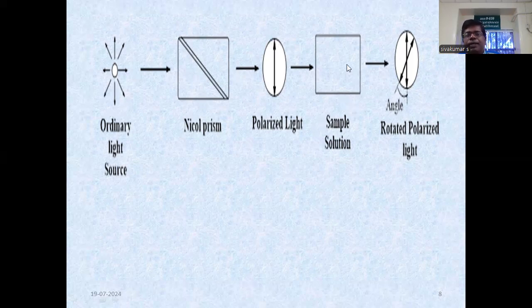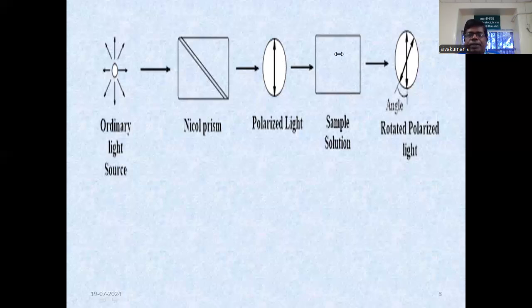Now take a sample, like glucose or any other sample, lactic acid or tartaric acid, anyone. The sample solution rotates the plane polarized light either to the clockwise direction or the anti-clockwise direction.